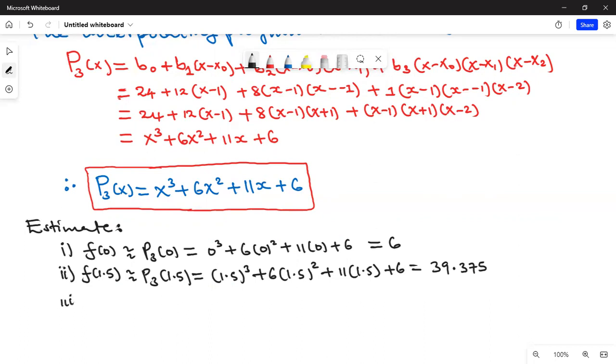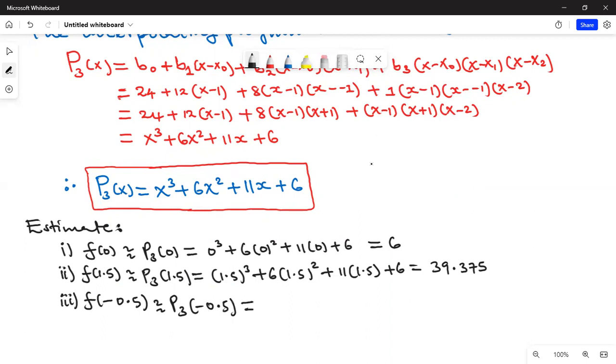Another one is f of 0.5. It was negative 0.5, so let me change this. It should be f of negative 0.5, approximately equal to P3 of negative 0.5.